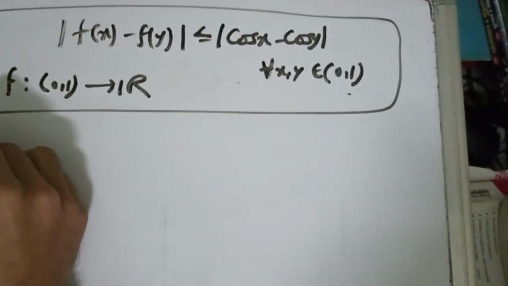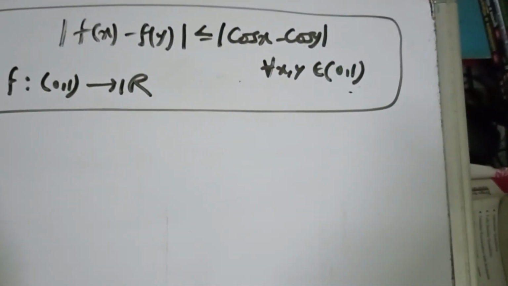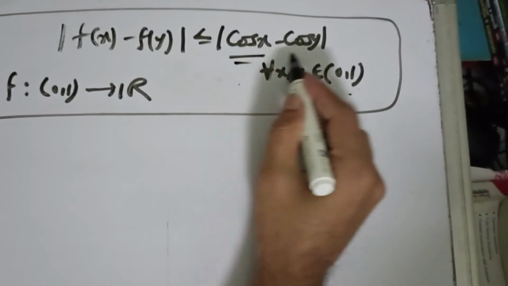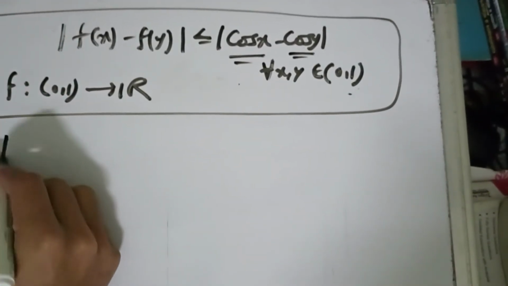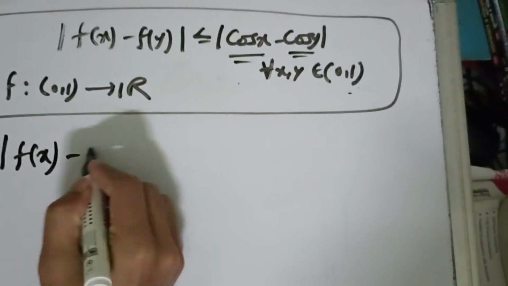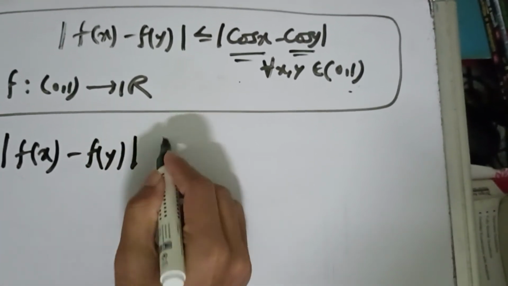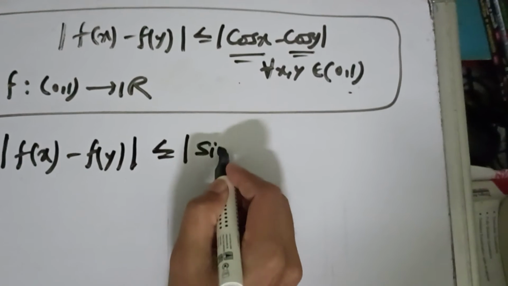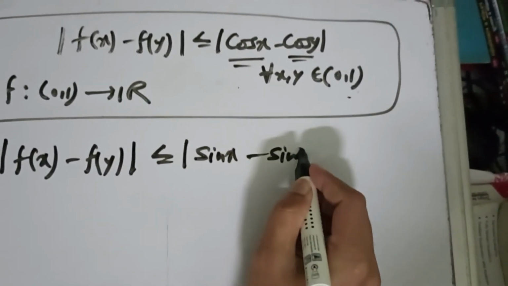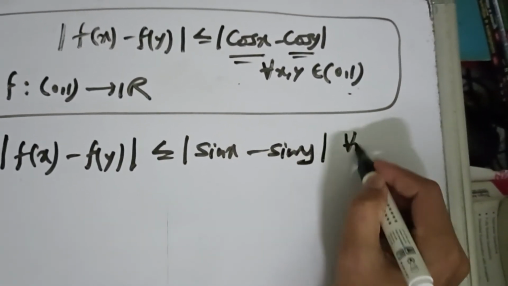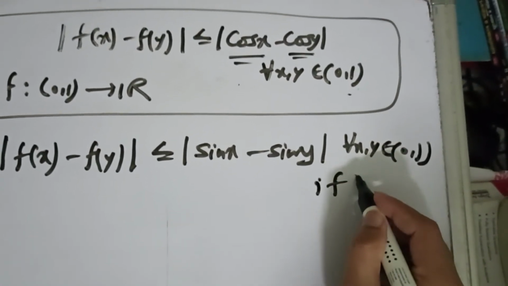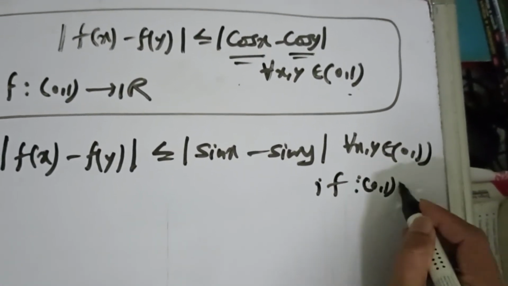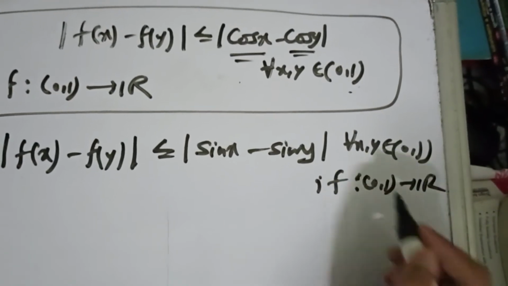Now we can make this slightly different: in place of cos you can put sine, and then you also get a similar result. Like I am saying, if the condition was: modulus of f(x) minus f(y) less than modulus of sin x minus sin y for x, y belonging to open (0,1), for a function from (0,1) to R, then you get a similar result.